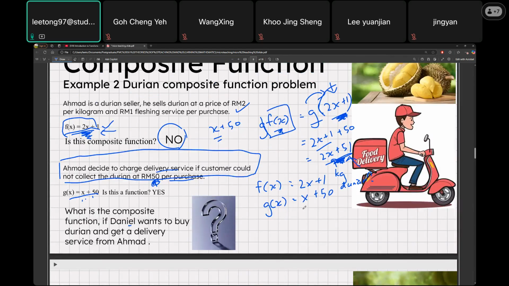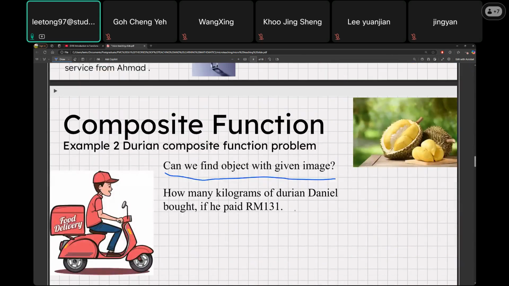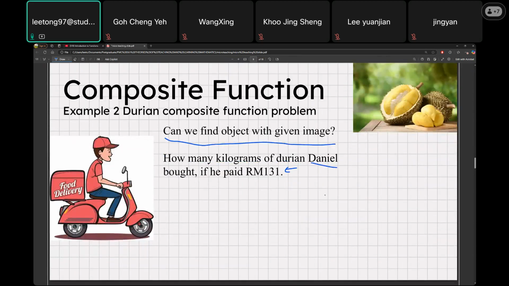Because the question is Daniel paid 131 ringgit. So we know that g(f(x)) is equal to 131. So 2x + 51 = 131.